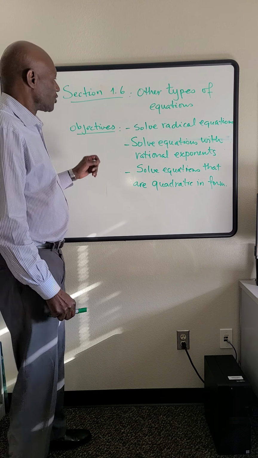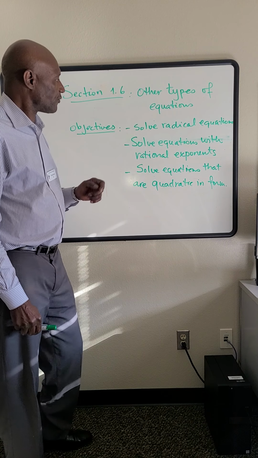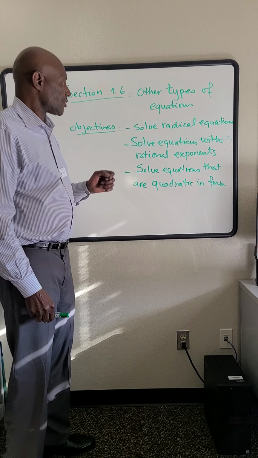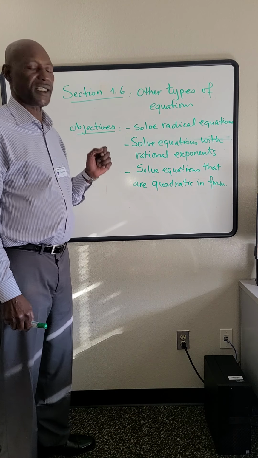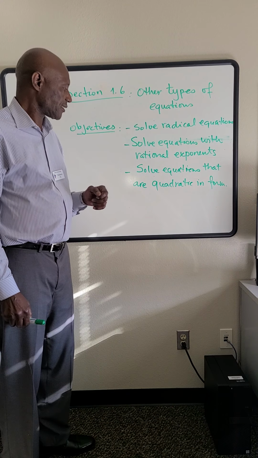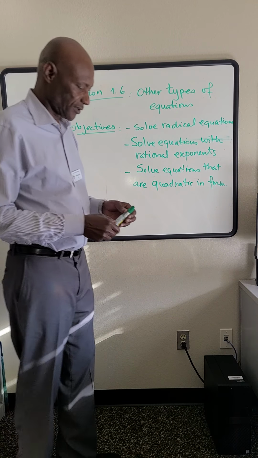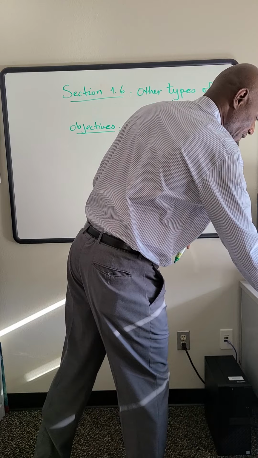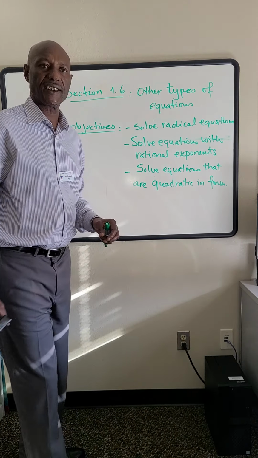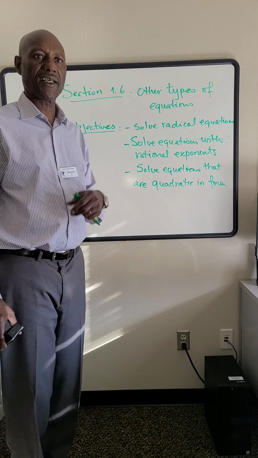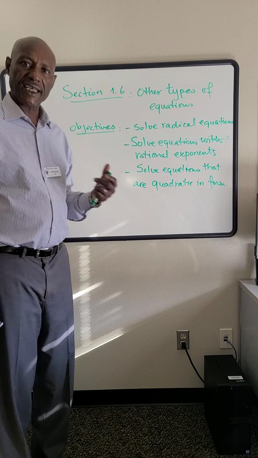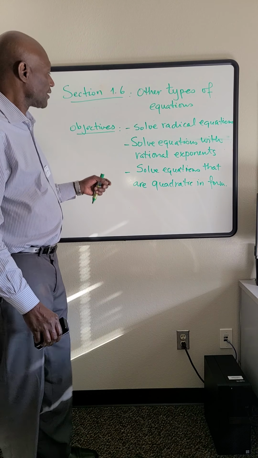So the objectives are solving radical equations, solving equations with rational exponents, solving equations that are quadratic in form. Each one is already defined, so I'm just going to remind you that a radical equation is an equation where a variable is in a radical.